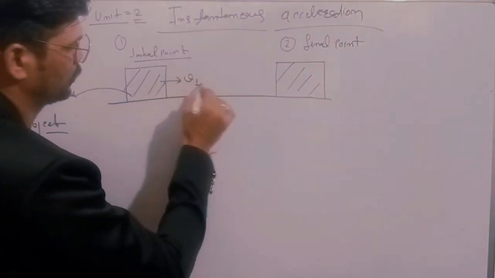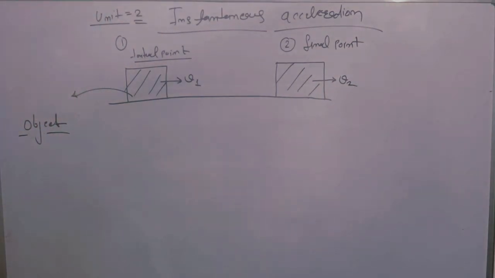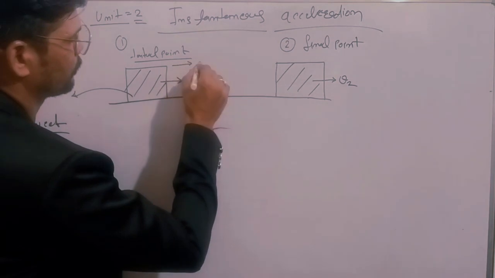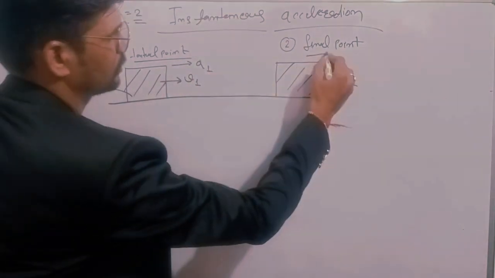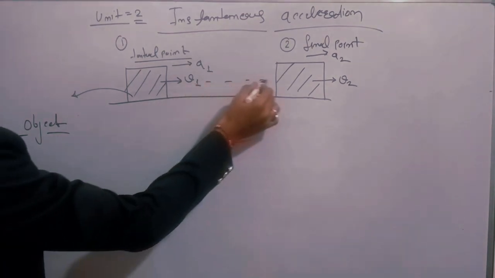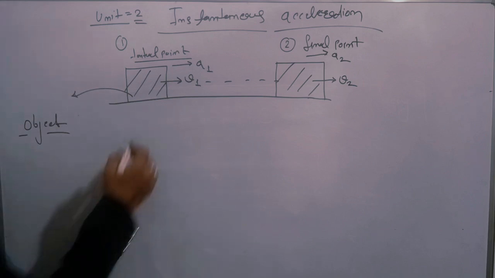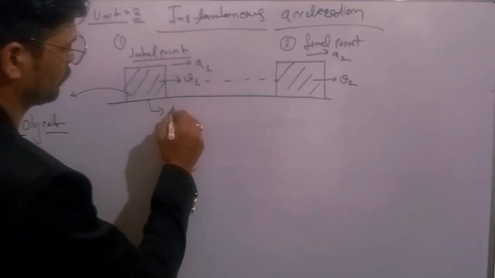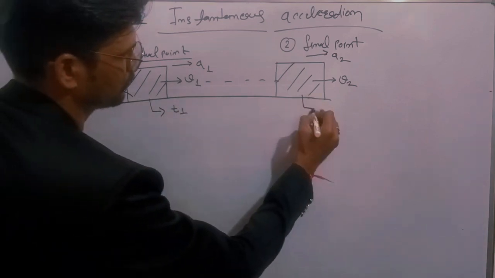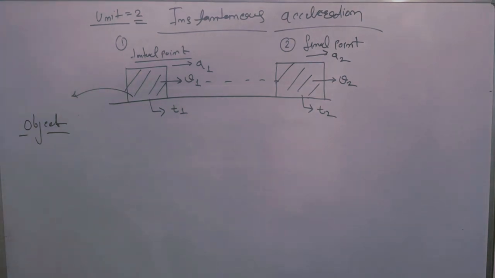This block is moved with the v1 velocity, and the final velocity of the block is v2. a1 is the acceleration at the initial point, and a2 is the acceleration at the final point, and the block travels in the x direction. And t1 and t2 are the initial time and the final time of the block traveling in the x direction.